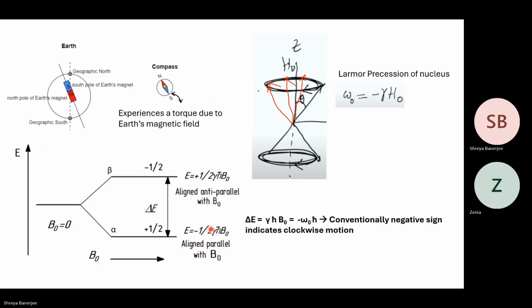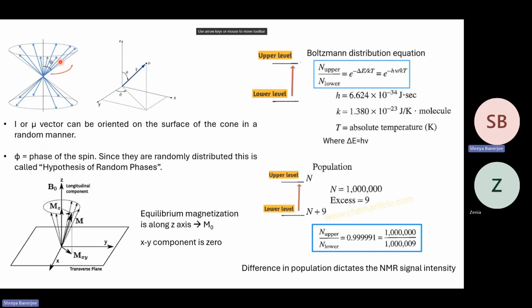Now, when you have many different nuclei, this vector can be oriented in many different directions. Here is an example where you have this kind of conical structure, and the angular momentum vectors of different nuclei are oriented in different directions.